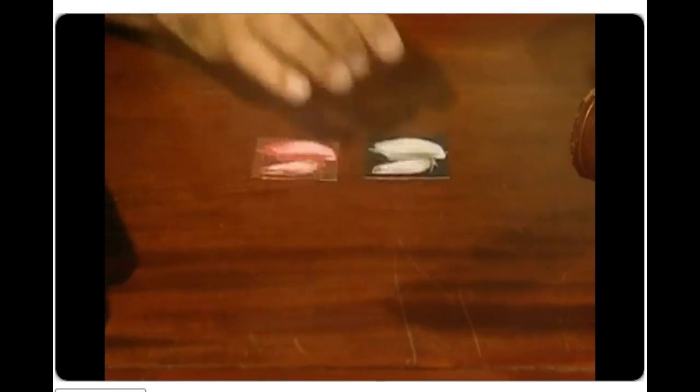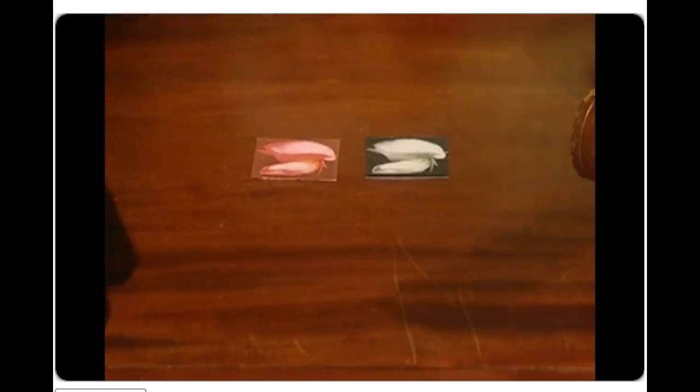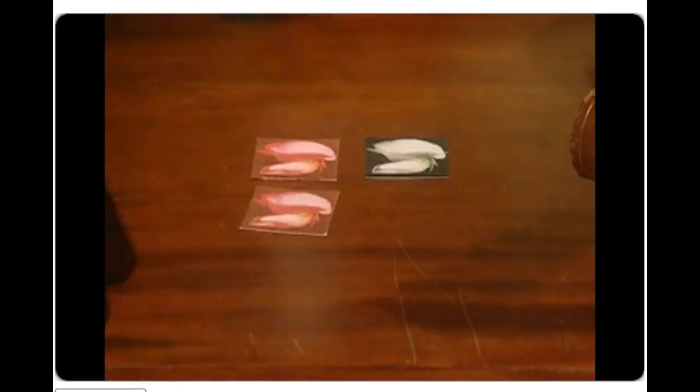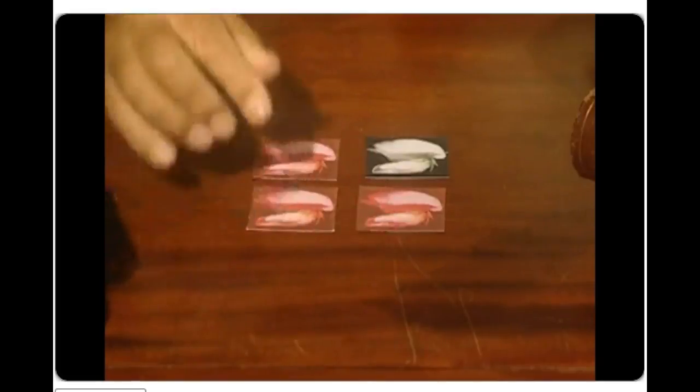What Mendel discovered was really weird. He took an absolutely true breeding red-flowered pea. He'd bred it for generations and it was always red. And he took also a true breeding white-flowered pea. And then he deliberately crossed these. And what he got was only red peas. It looked as if the white had been lost.